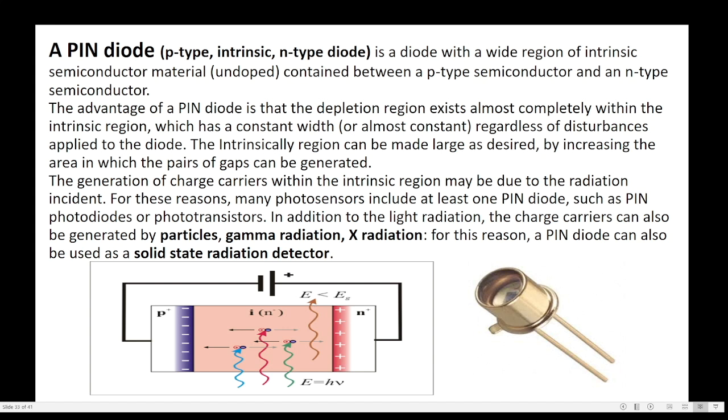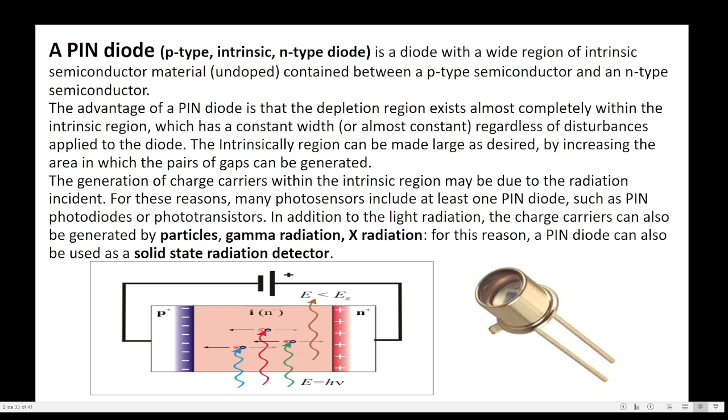In the pin photodiode, the light falls on the detector. The major portion of the light is absorbed by the intrinsic region. The size of the intrinsic region is very large in comparison to the P region and N region.